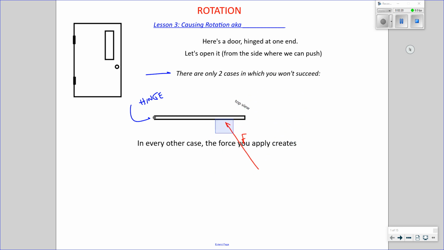I mean, how do we open a door? Typically, of course, what we do is we push close to the end, and typically we push sort of, quote, straight at the door. And when we do that, this force we apply creates torque.